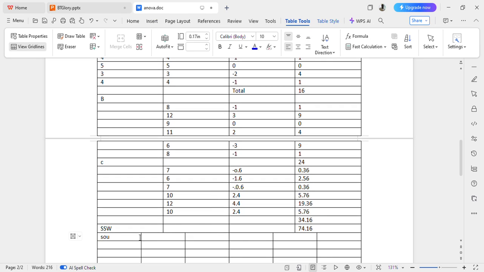Source, sum square, then we have degree of freedom, then we have mean sum square, then we have F value.